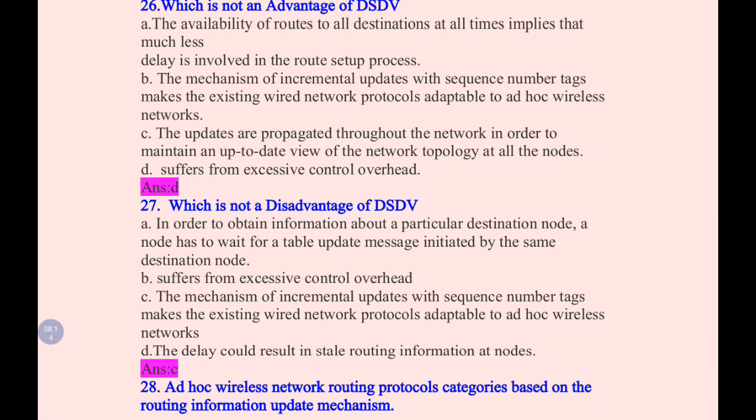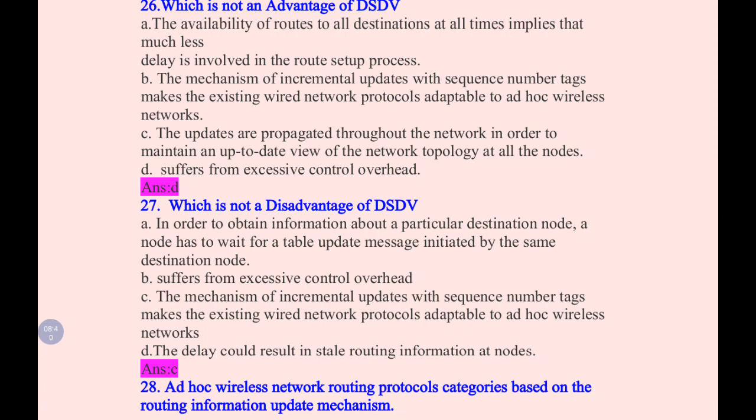So the choice A is a disadvantage, B is also a disadvantage of DSDV, and choice D, because of the delay while it takes for updating the table, the delay results in stale routing information at nodes. So all the 3 A, B and D are the disadvantages. Only the choice C is not a disadvantage.